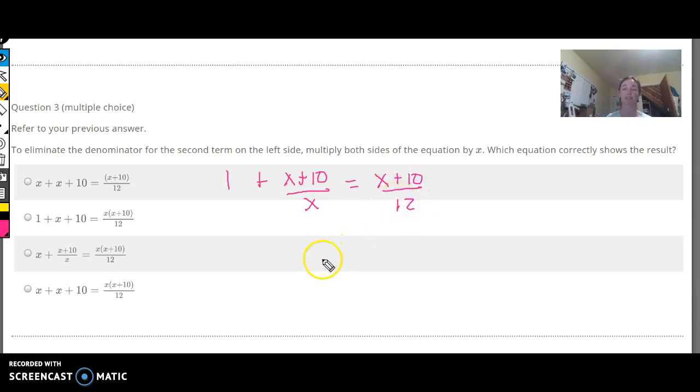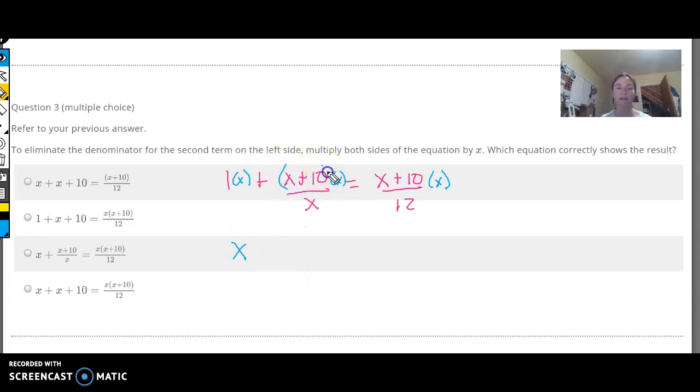Okay, so now they say multiply everything by x. So I'm going to do that in a different color here. That might help. If I multiply this by x, and this by x, and this by x, okay? Well, 1 times x is just x.